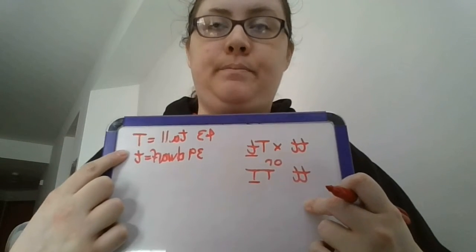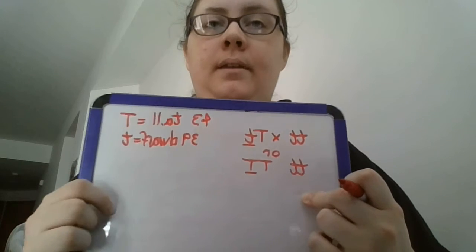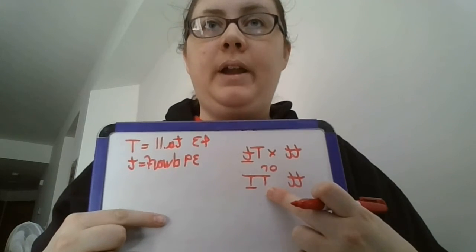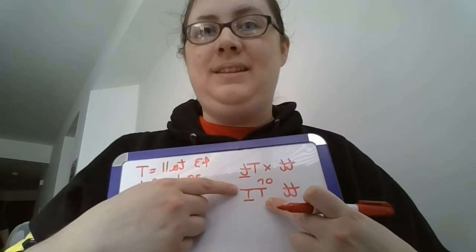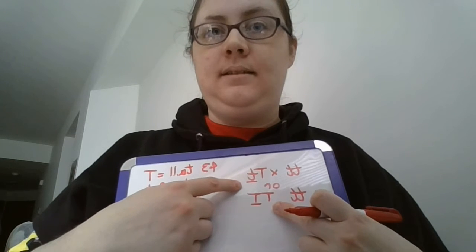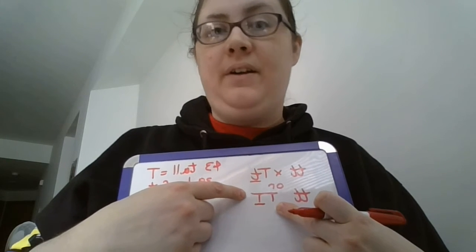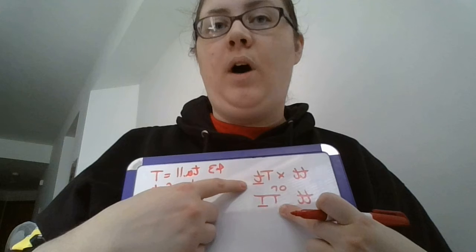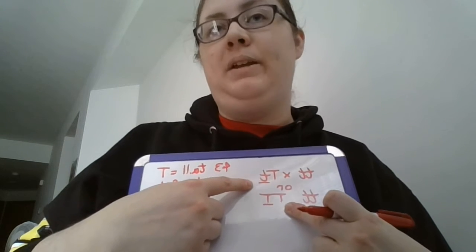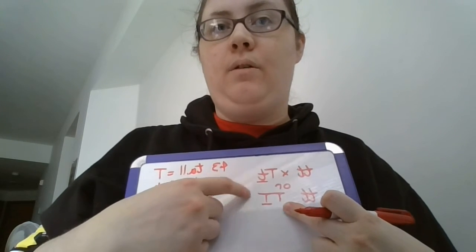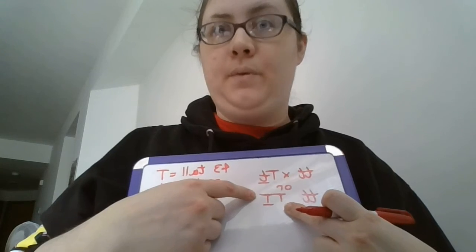So these are the parents, one's tall, one's short. But for the tall parent, we don't know what the second gene is. We know that the parent is tall, but it only needs one dominant gene to be tall. So we don't know what these other ones are. So we're going to try to figure it out.